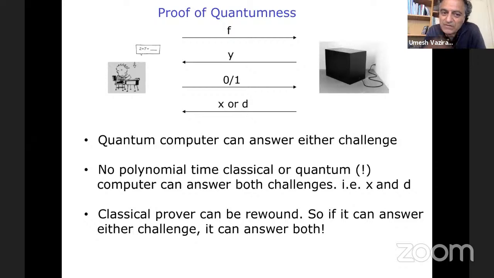If we gave the pre-image challenge, then we could rewind the computation to just after Y was revealed, and then reissue challenge 1 and get back the equation, get back D. So if it can answer either challenge, it can answer both, and therefore that would break cryptography.